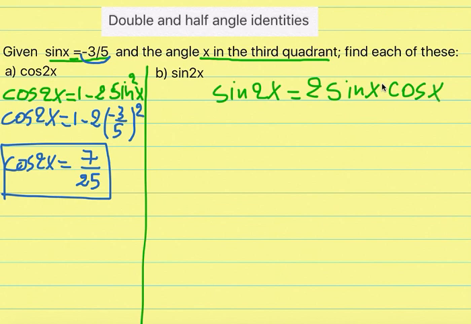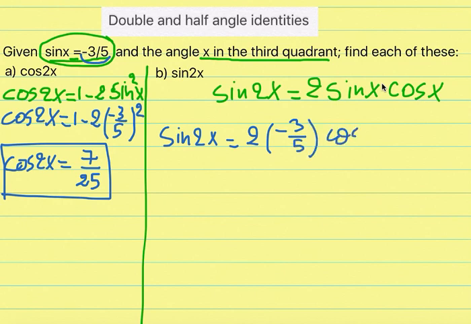So to use this identity, you need the value of sine x and the value of cosine x. Okay. The value of sine x is given here in the question, minus 3 over 5. Just substitute your value in the identity, so you get sine 2x equals 2 times minus 3 over 5 times cosine x.